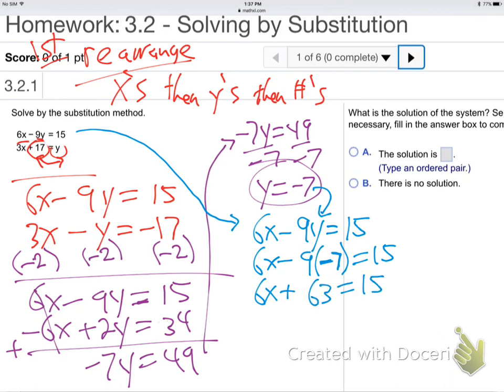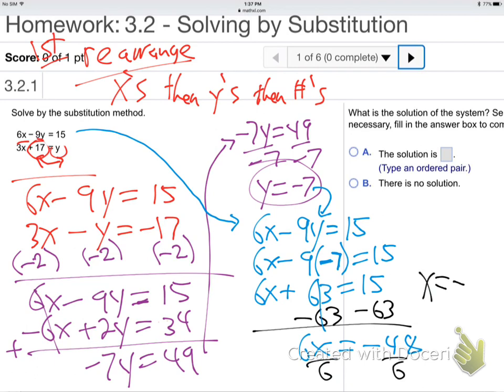Solve for x. Subtract 63. 6x is minus what is that, 50, 48? 40, thank you. And then divide by 6. So x is minus 8. So we're done.